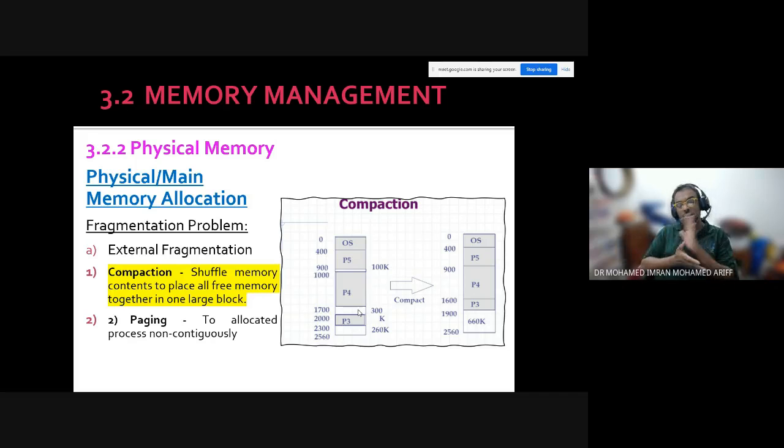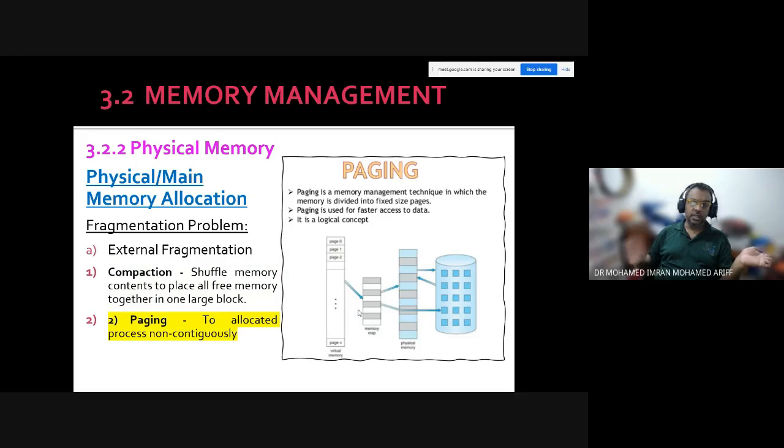Non-contiguous means the process is now distributed. That means it's not in a particular order. It is broken down into several sub-processes, so it is not side by side. It is broken down into several locations. This is how paging looks like.